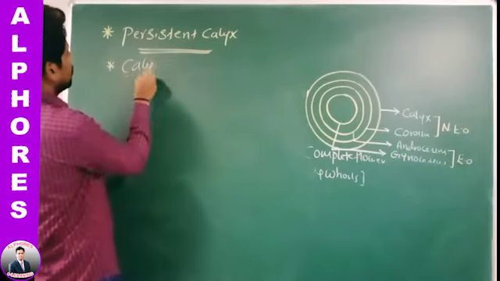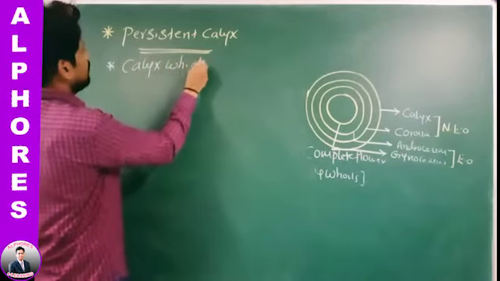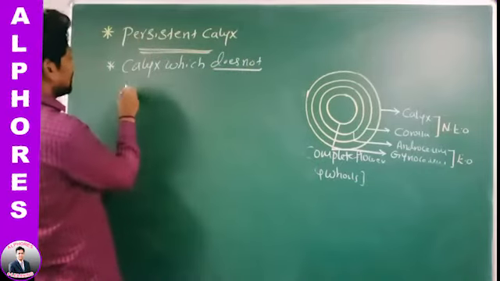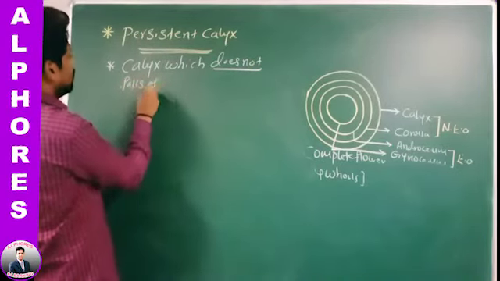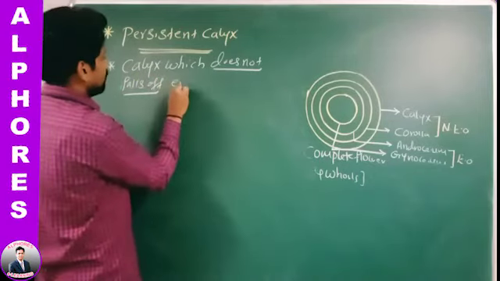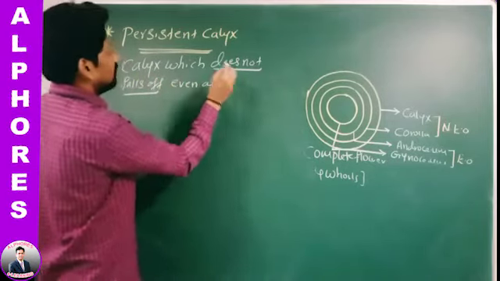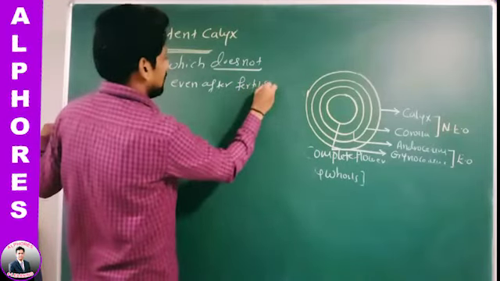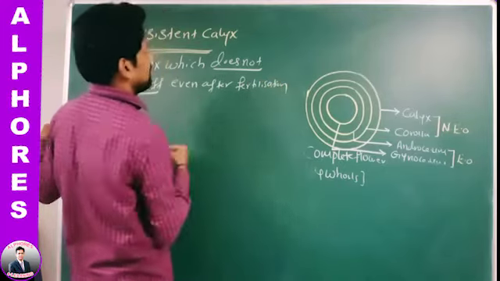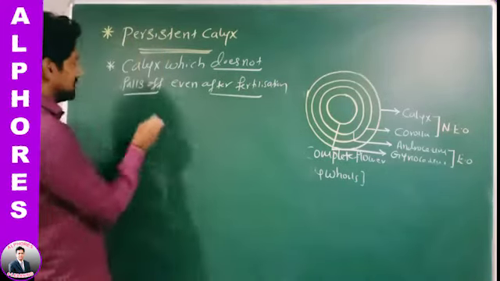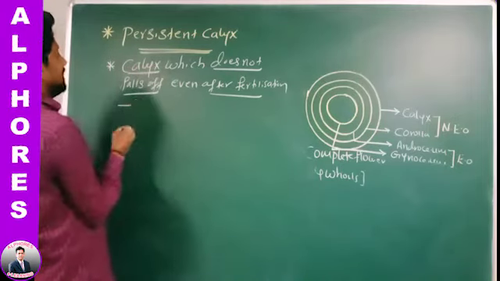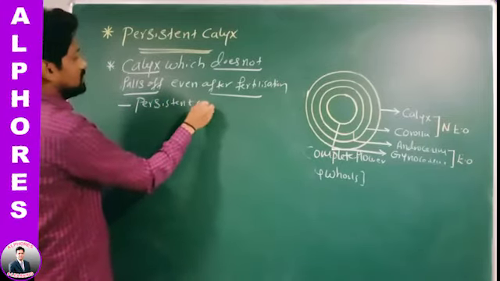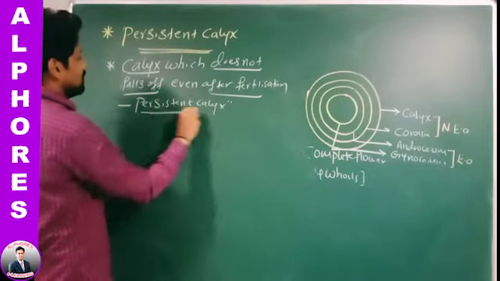Calyx which does not fall off even after fertilization. What is that calyx called? A persistent calyx.